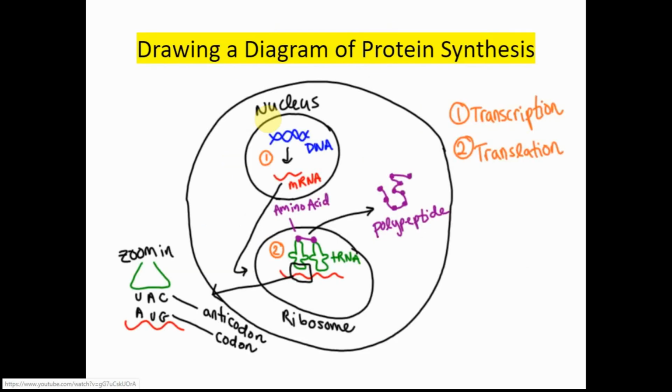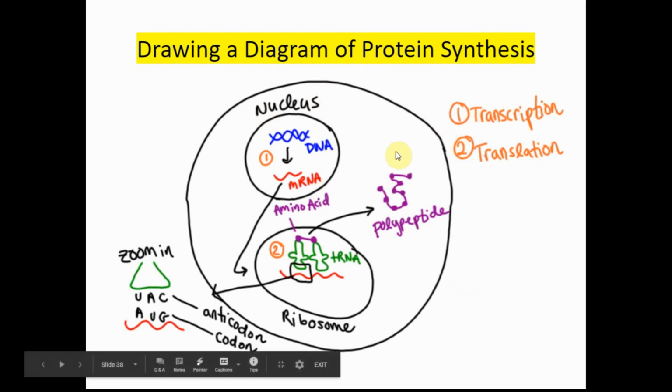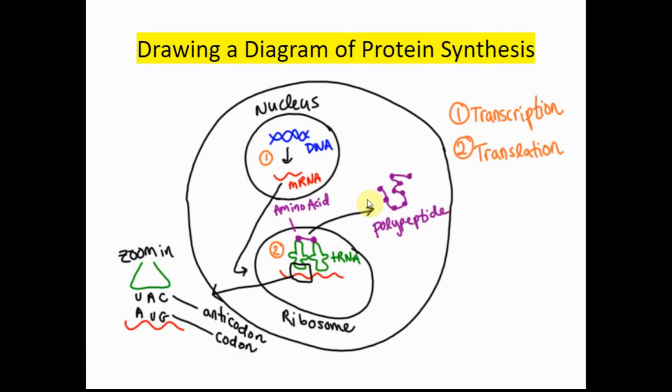Okay, so this image here shows us both transcription and translation. I'm going to kind of walk you through it. We've got our big circle for the cell and 2 smaller circles for the nucleus and ribosome. The ribosome is actually much smaller than the nucleus, but we want to be able to see what's going on inside of it. So here we've got our double-stranded DNA being used to make our single-stranded mRNA.